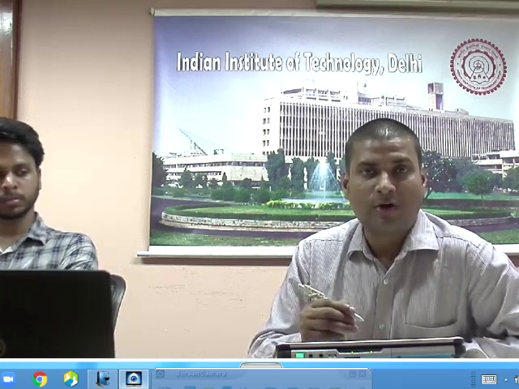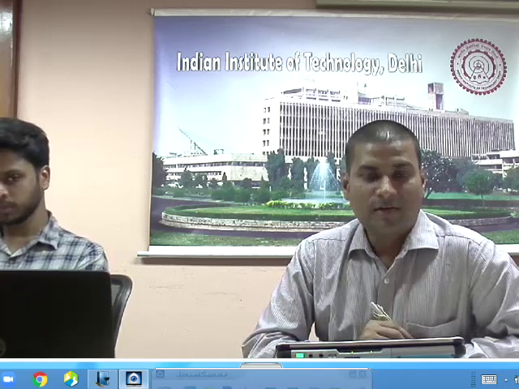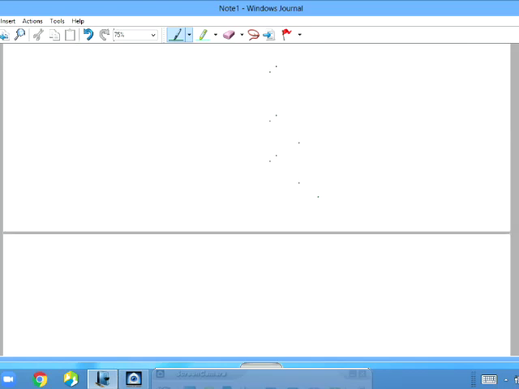So can you think of solving this beam problem, let's say using Timoshenko beam theory? We'll first write down the equations of Timoshenko beam theory.